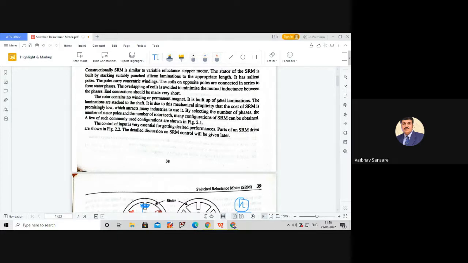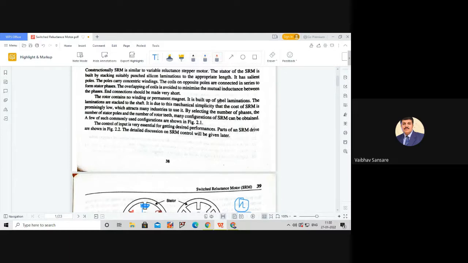Now, while constructing this switch reluctance motor, the overlapping of coils in the different stator poles is avoided, and this overlapping is avoided to minimize the mutual inductance between the phases.